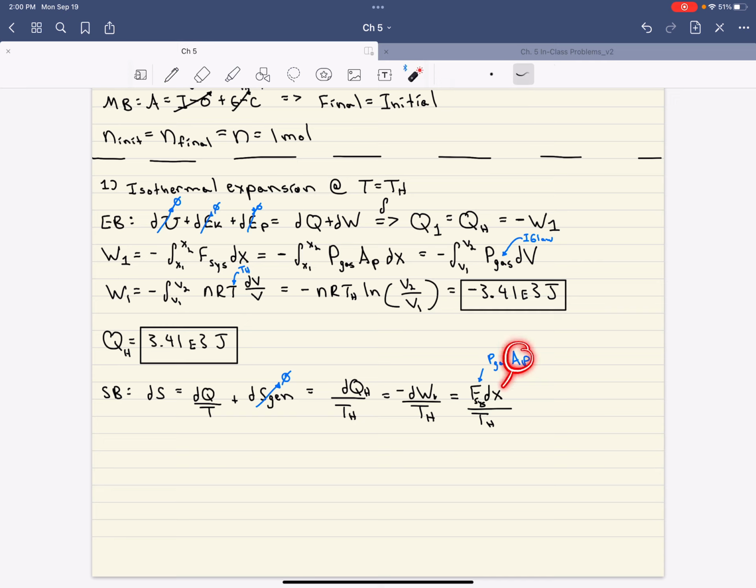We could combine the area of the piston with dx to get volume, and P gas, once again, is just this stuff.